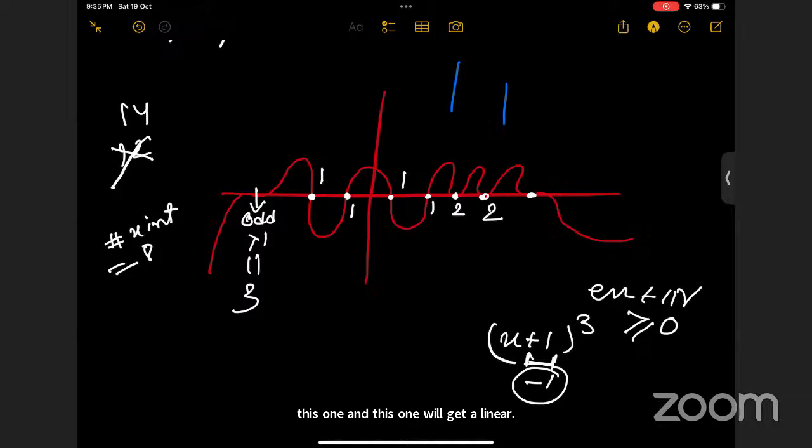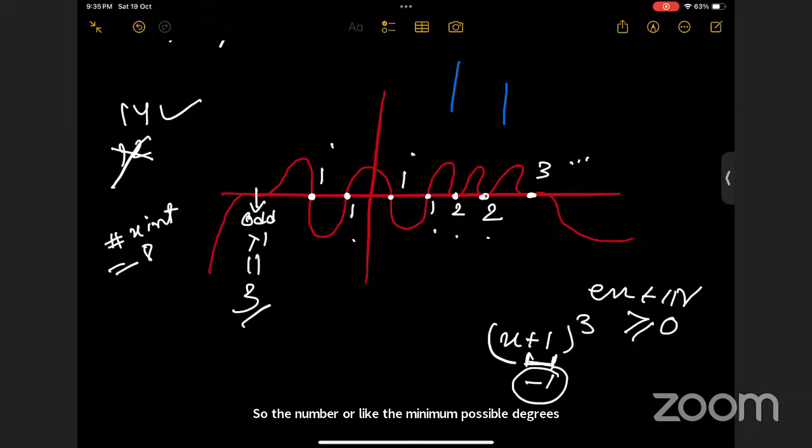From this, we will get a 2. And from here, we will get a 3, right? So what will be the highest? 3 plus 1, 4, 5, 6, 7, 8, 9, 10, 11, 12, 13, 14. So this is the correct one. So the minimum possible degree is 14.